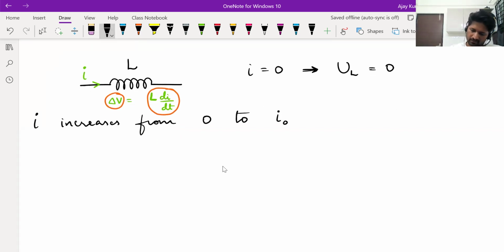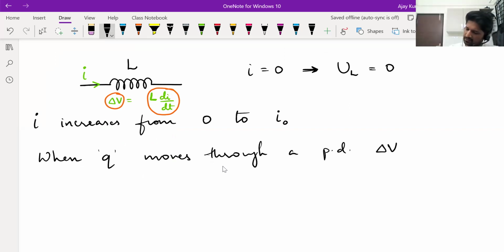Now you all tell me, when a charge Q moves through a potential difference of delta V, what happens to its energy?